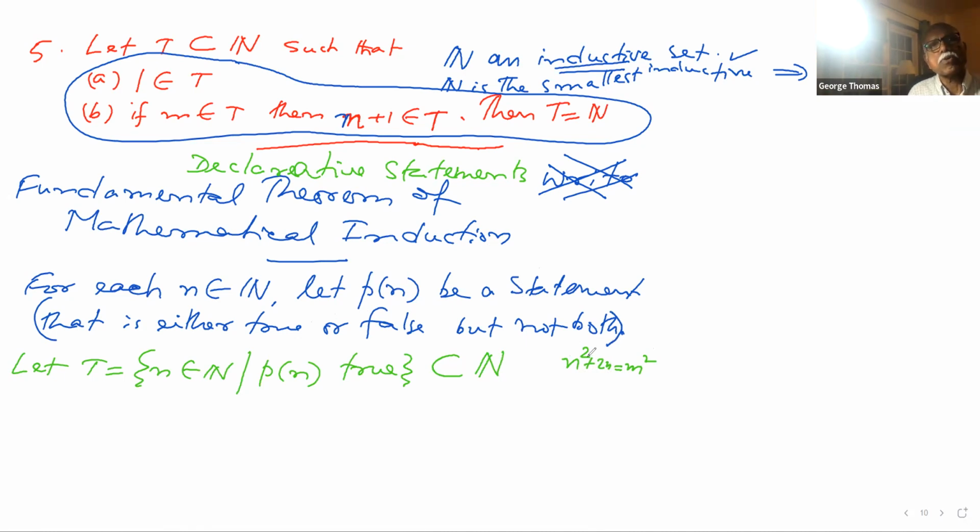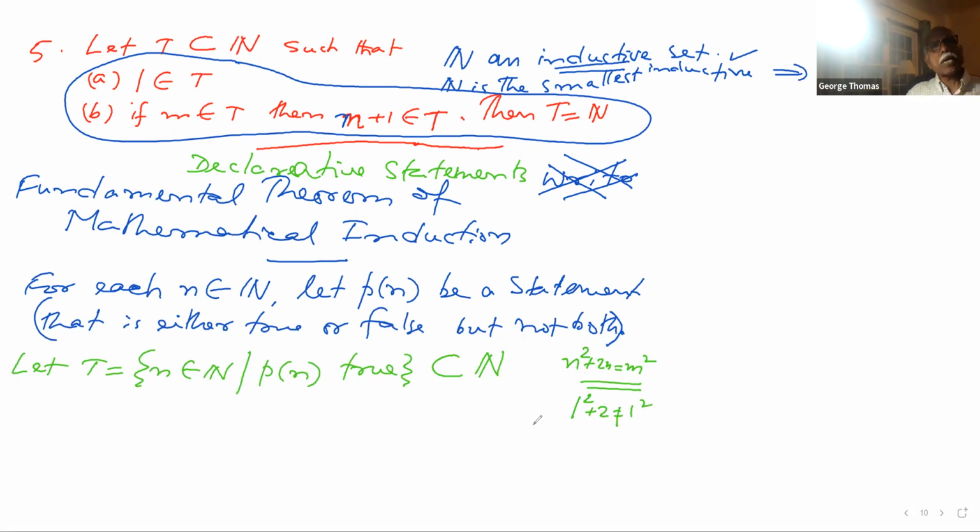So those integers that make this true are the ones in this set T. And they will not be all of N. For example, is 1 here, 1 squared plus 2 is 1 squared? No. So 1 is not there.